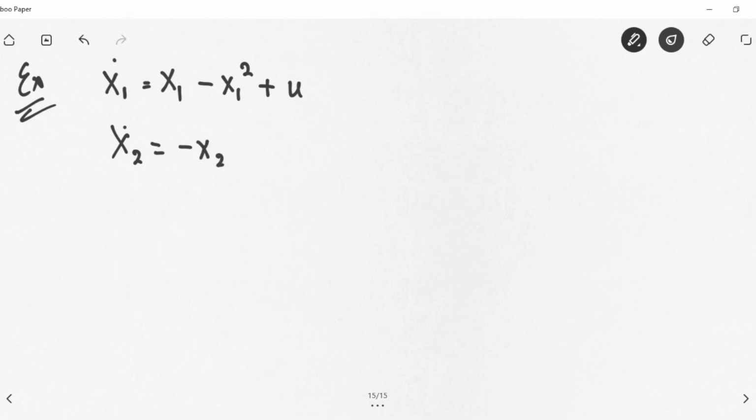Say for example we have a system like this, we want to see the behavior of the system.